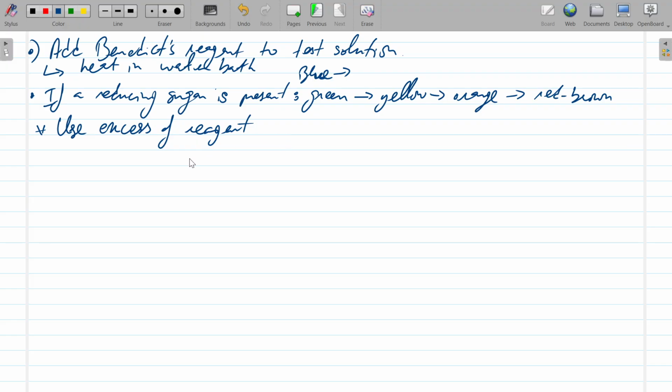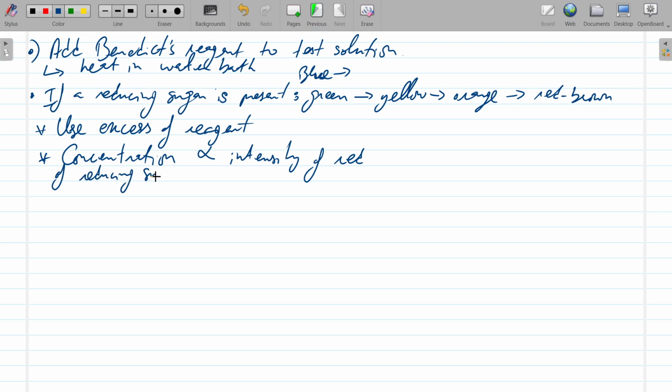So the concentration of reducing sugar will be proportional to the intensity of color. And as I already mentioned, this is a semi-quantitative test.